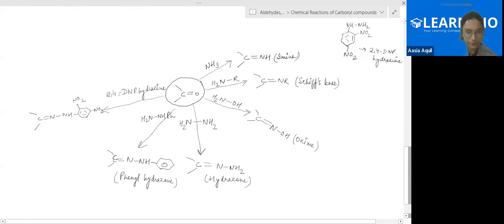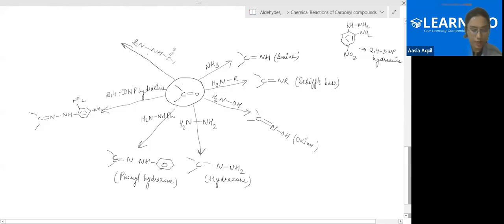Next, when you add semicarbazide, what is semicarbazide? Semicarbazide is NH2, NH here, CO, NH2.